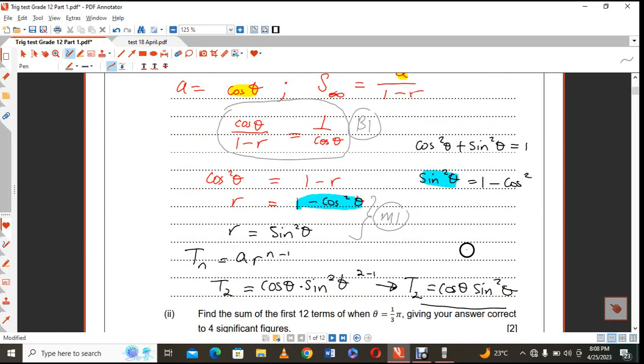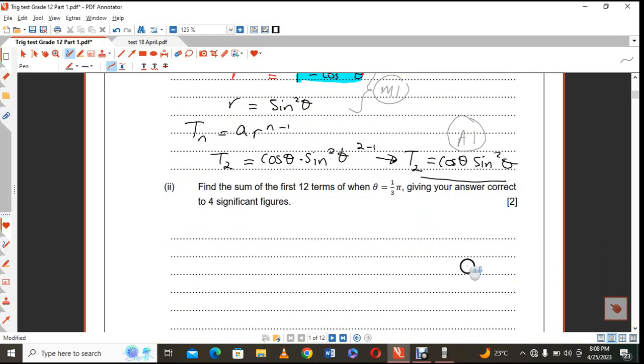But remember, this answer is given, so you can only get that accuracy mark if the detailed working gave us this result. If the detailed working did not give us this result, you can't just get a mark there because this is already a given scenario.